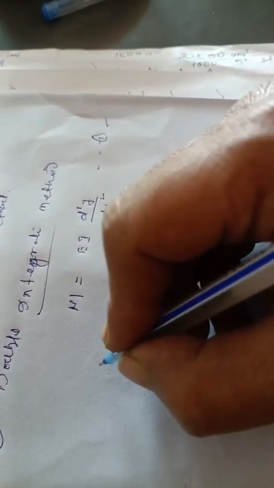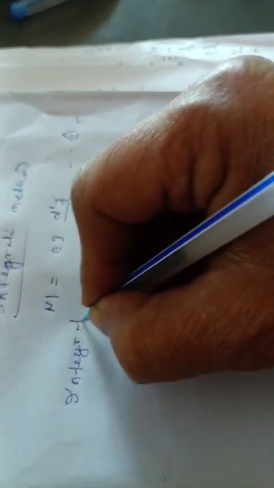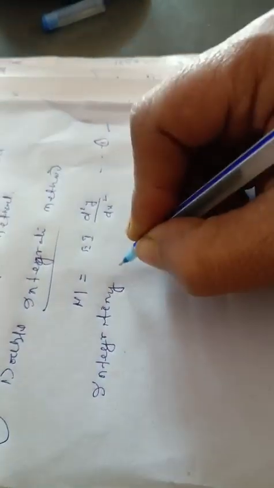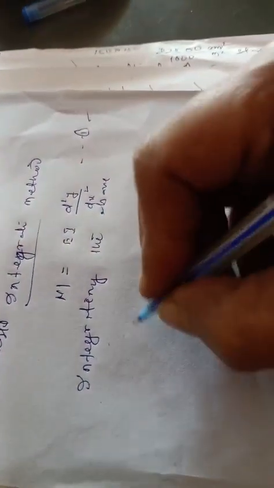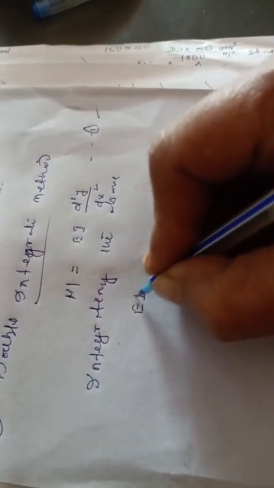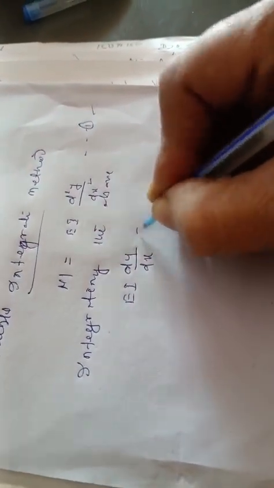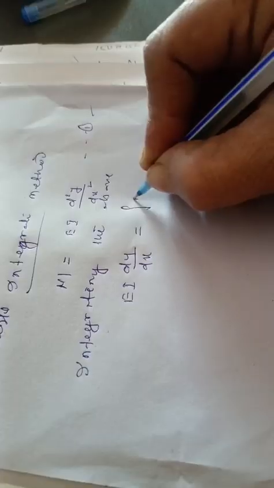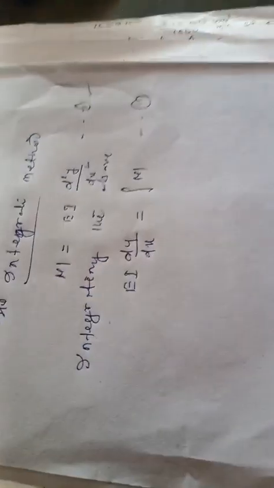Now integrating the above equation, we get EI dy by dx is equal to the integration of M. Let me call this equation 2.